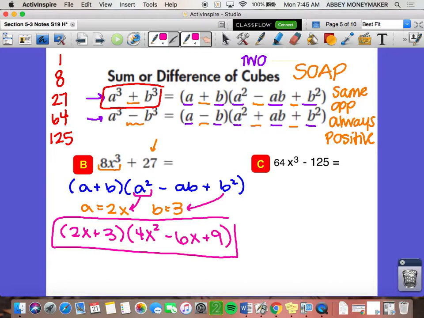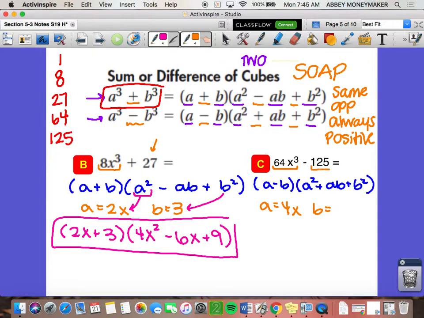So on part C, same thing. We notice that's the difference of two cubes. So we're going to use our formula, a squared, b squared. And my signs are the same, opposite, always positive. So let's figure out what our a and b are here. A would be the cube root of 64x cubed, which is 4x.